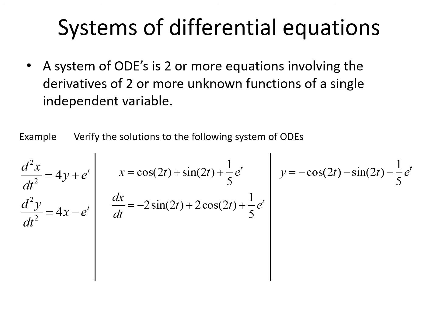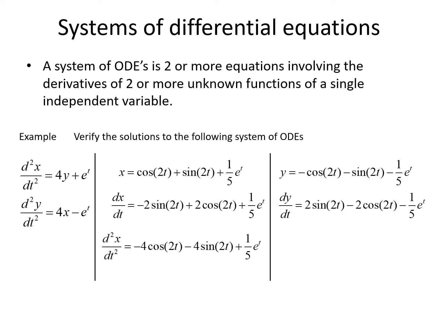So the first derivative of x is going to give us negative 2 sine 2t plus 2 cosine 2t plus 1/5 e to the t. And then the second derivative will be negative 4 cosine of 2t minus 4 sine of 2t plus 1/5 e to the t.